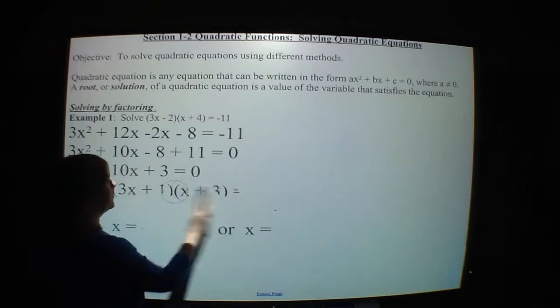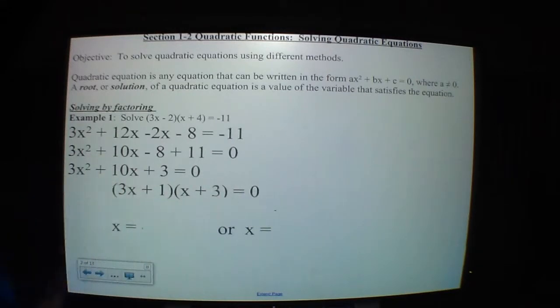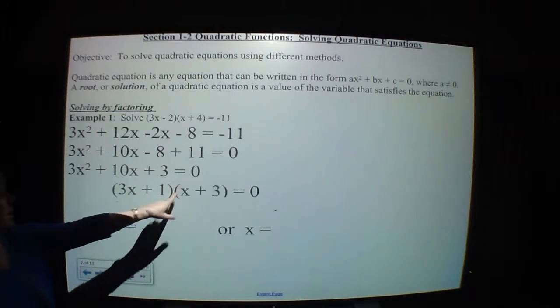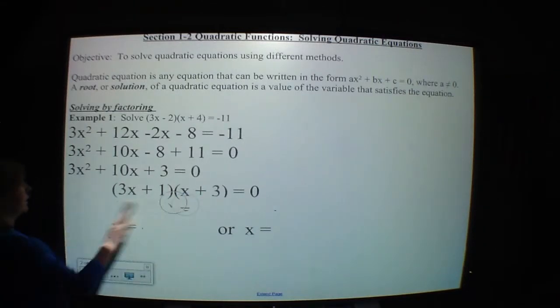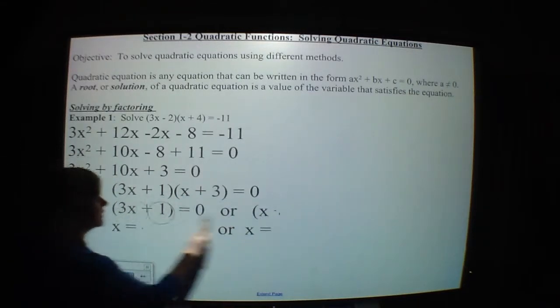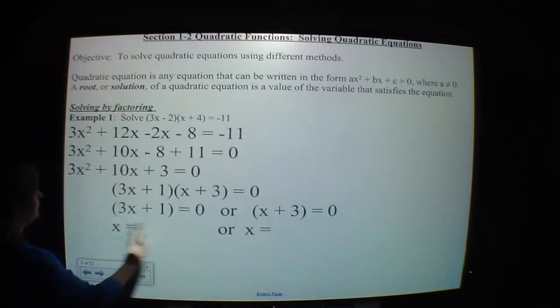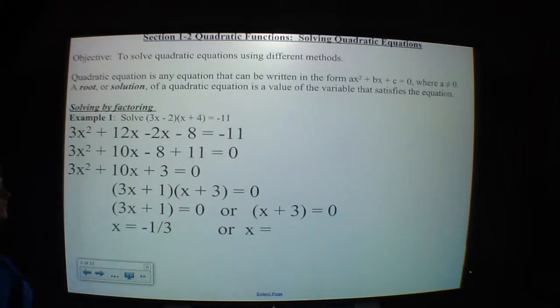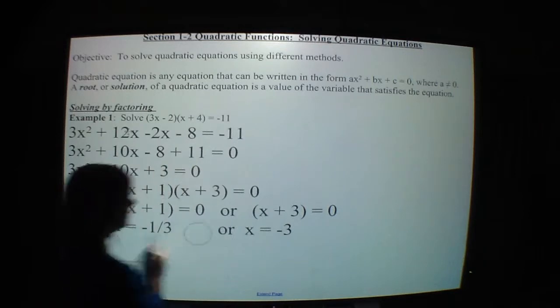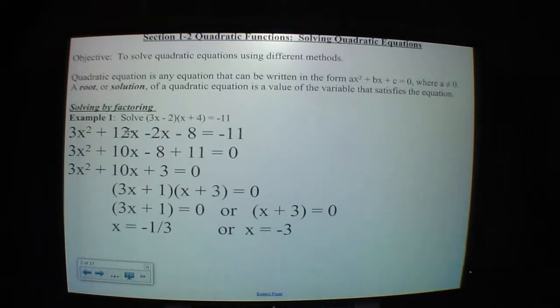And hopefully you know where they go. And so when I solve them, I get x is equal to negative 1/3, x is equal to negative 3. And you're done. So that's factoring.